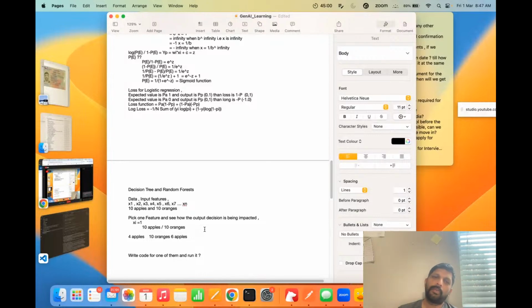If you put it into that formula, it becomes 0.5 into log 0.5, to the base 2. How much is that?